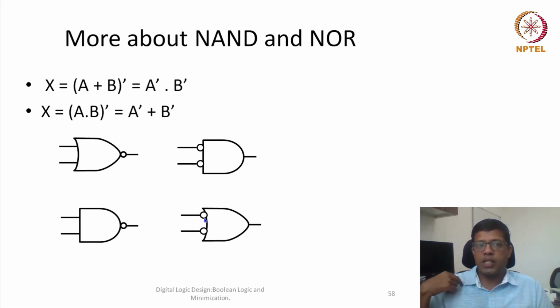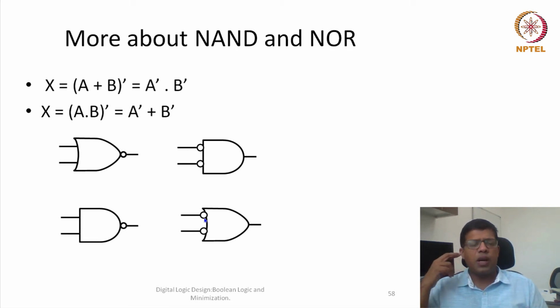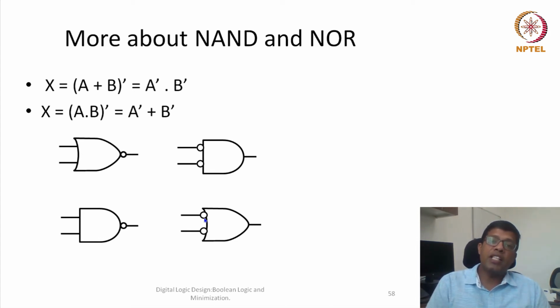So this also gives us some intuition that possibly these AND gates, NAND gates, and NOR gates can also be used to design an AND gate, OR gate, or NOT gate.